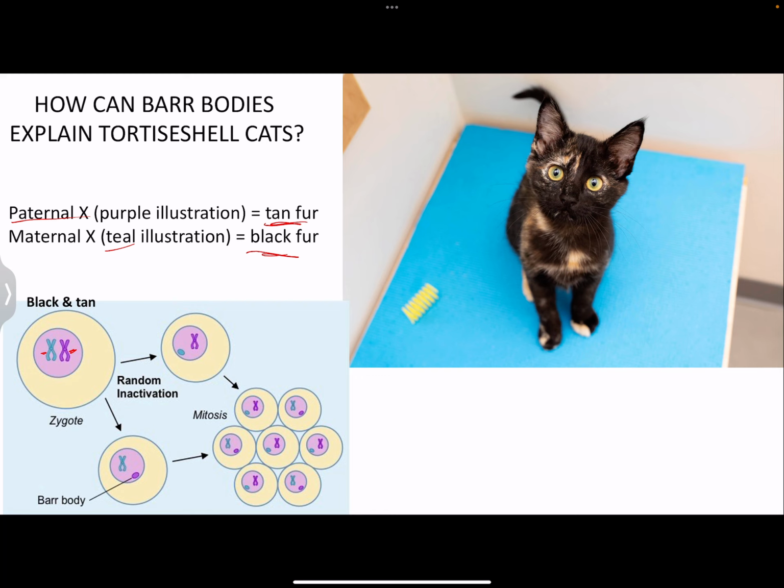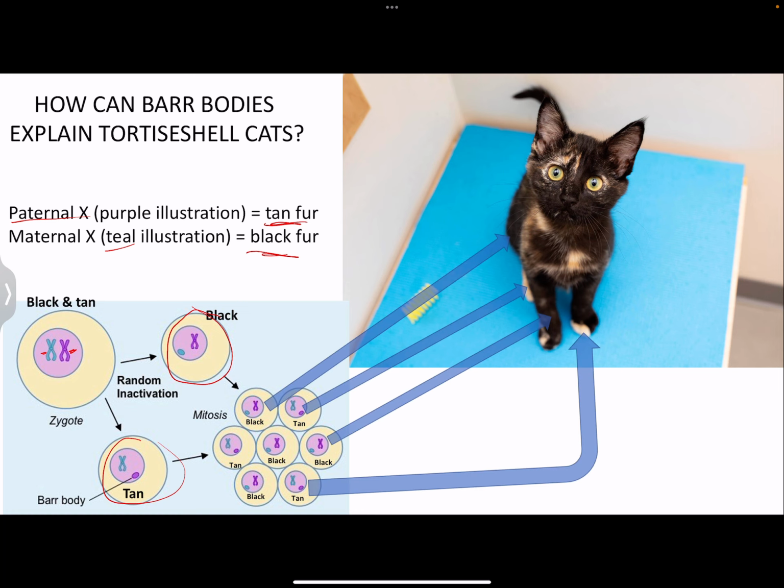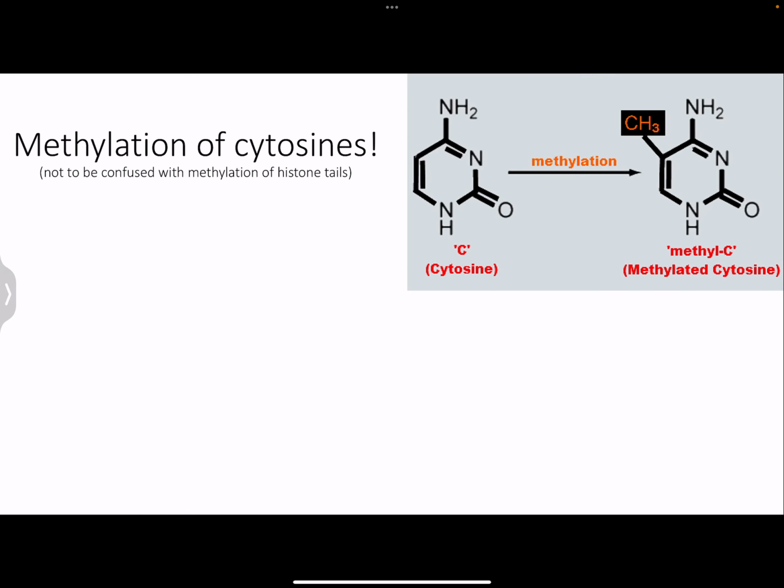And again, we're going to have these completely random inactivations, and so this one's descendants will express the black color, and this one's descendants will express the tan color. If we play that out and continue playing that out, we're going to get little pockets where some areas are black and some areas are tan.